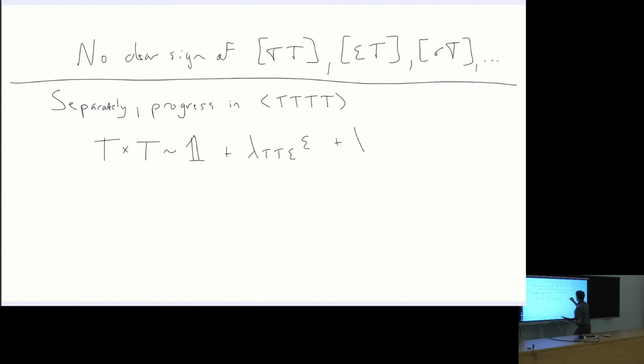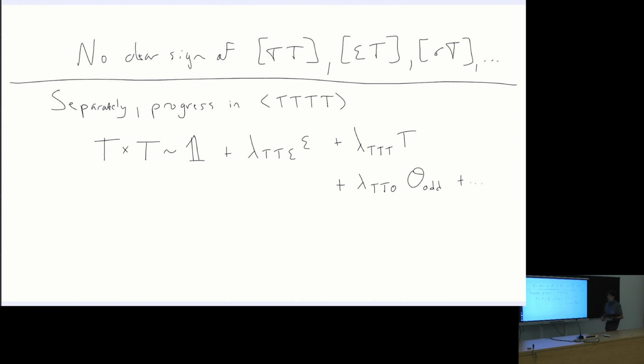You get the stress tensor with, schematically, some coefficient TTT. You also get parity odd operators. So like the leading parity odd scalar will show up, and so on.